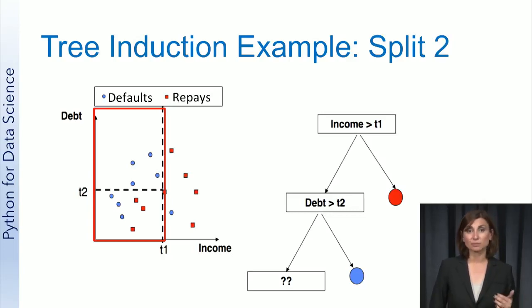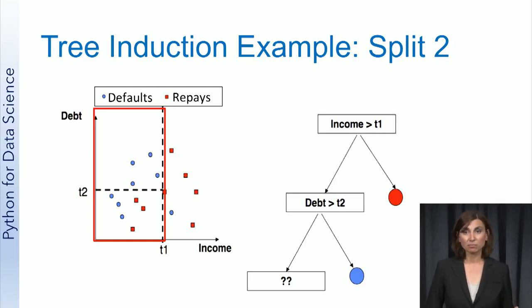Because the right subset almost perfectly predicts that lenders will repay properly, the right subset is now labeled as red, meaning that the loan applicant is likely to repay the loan.